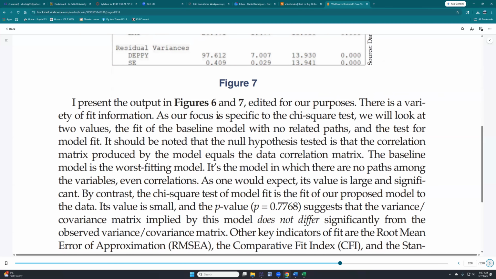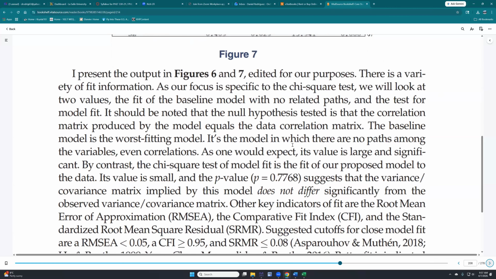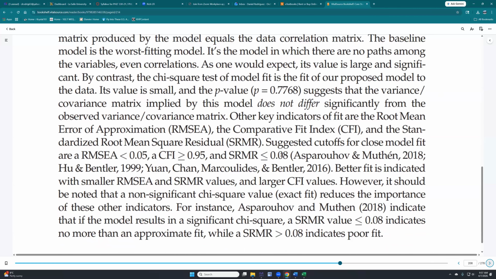So you see this is figure 6 and 7. So let's see what we can go. Yeah, so the primary indicator of fit is the chi-square test, right? The chi-square test for model fit. There are some people who are very strict adherents to just the chi-square test. And if there's any misfit, you have to actually look for it and explain why you have misfit.